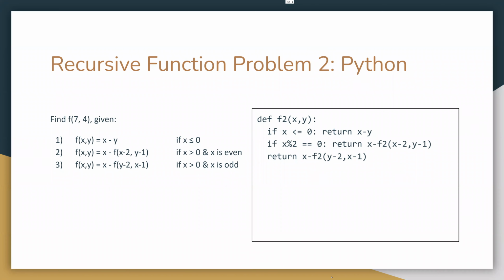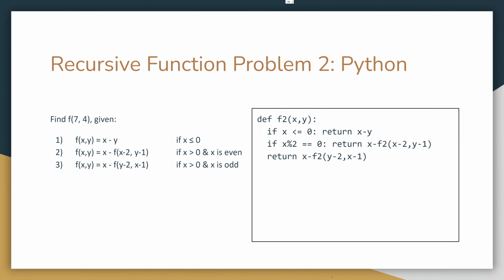Otherwise, if it is an even number, right, after the first if statement X is guaranteed to be greater than 0, so we just check if it is an even number, then we return that. Otherwise, we return that expression.